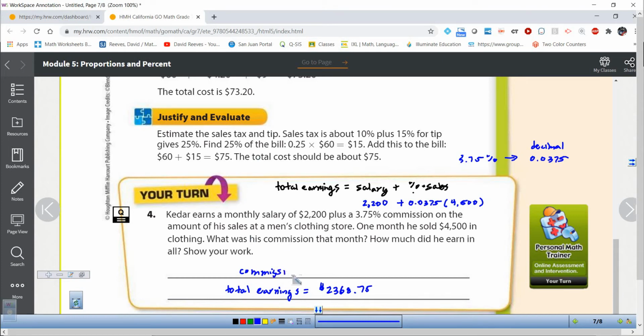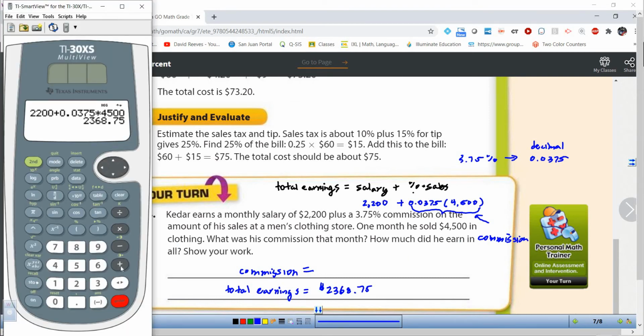So the commission is this part right here. Let me go ahead and put an arrow there. That is the commission. I didn't actually do that separately; I included it. So if we know that's his total, and we subtract away the $2,200 that he had as salary, that will tell us the commission, which is $168.75.